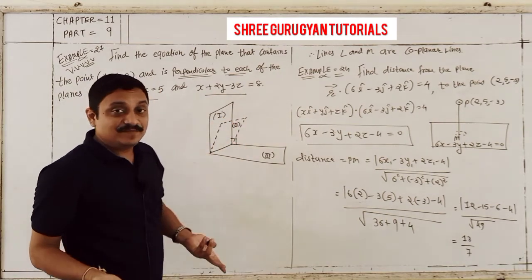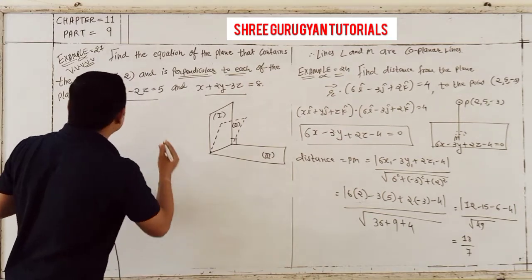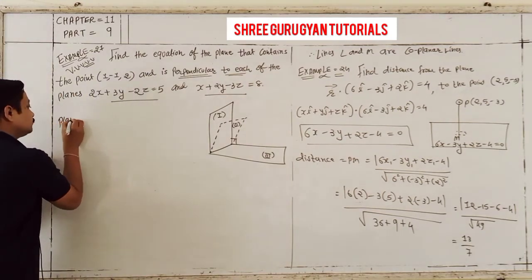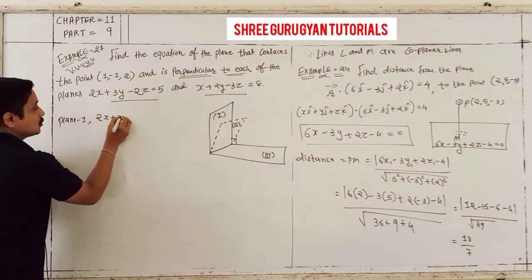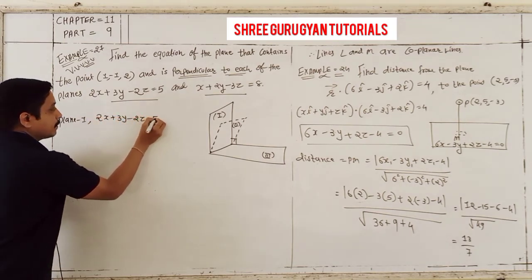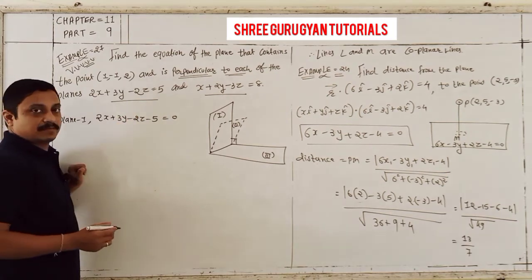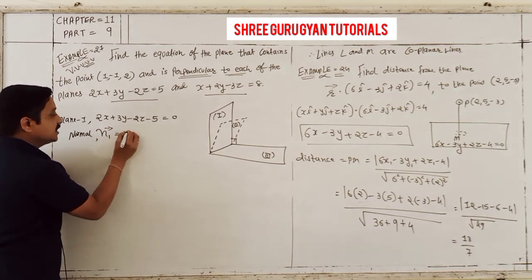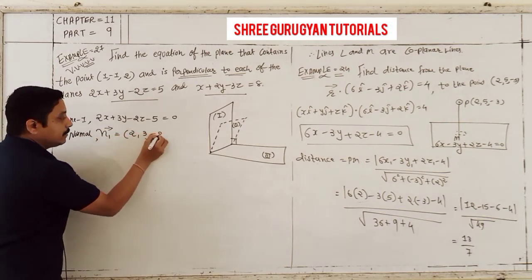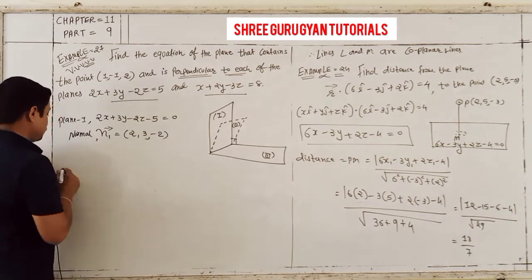So very easy, simple. I first derive the normal of plane 1. Plane 1 is 2x plus 3y minus 2z minus 5 equal to 0, normal n1 is 2, 3, minus 2. Same for plane 2, students.